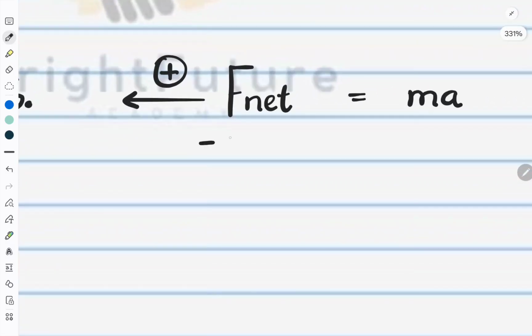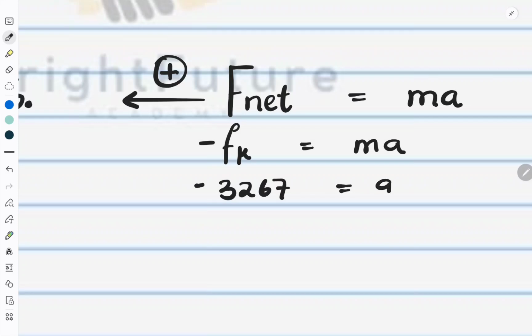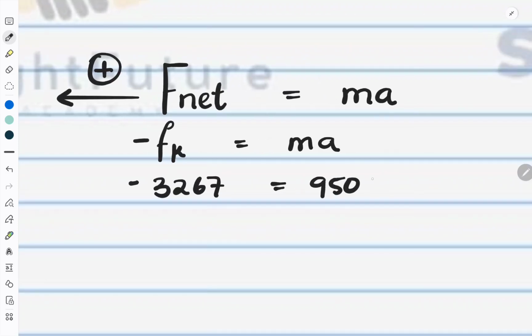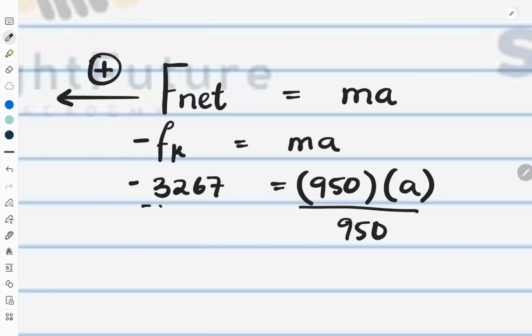This means friction will be negative, equals MA. We found friction to be 3,267, and the car's mass is 950 times A. To find A, we divide both sides by 950, and then A is minus 3.45.